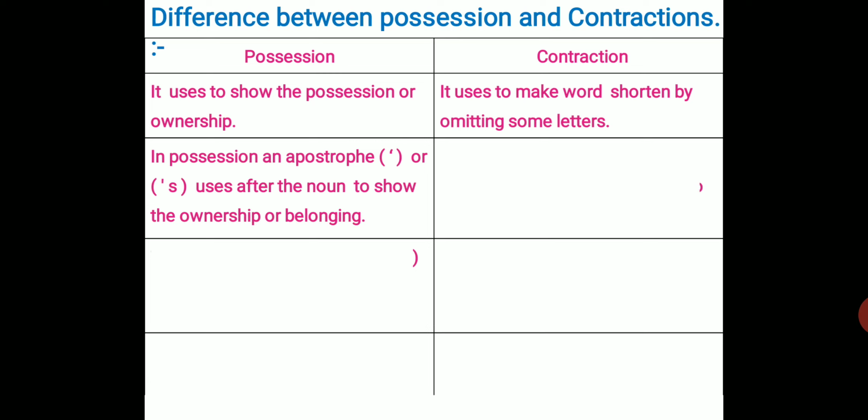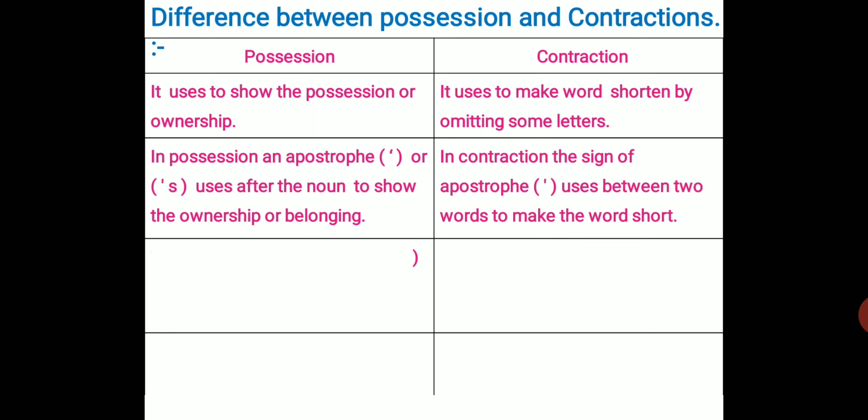In possession, an apostrophe or apostrophe s is used after the noun to show ownership or belonging. As we learnt in our last lesson, we use an apostrophe or apostrophe s to show the thing belonging to someone, owned by someone.